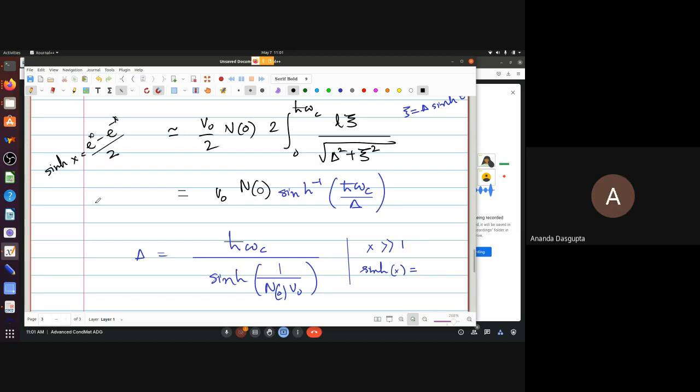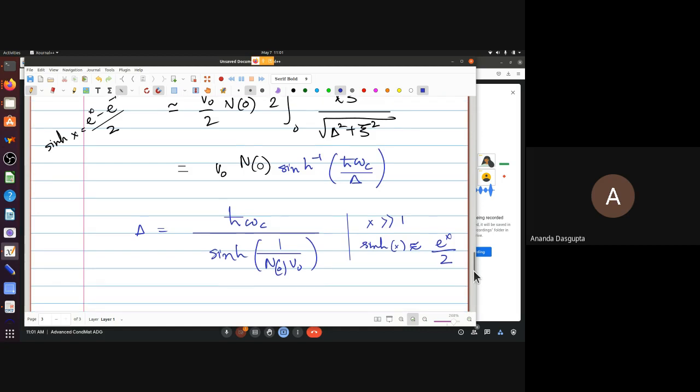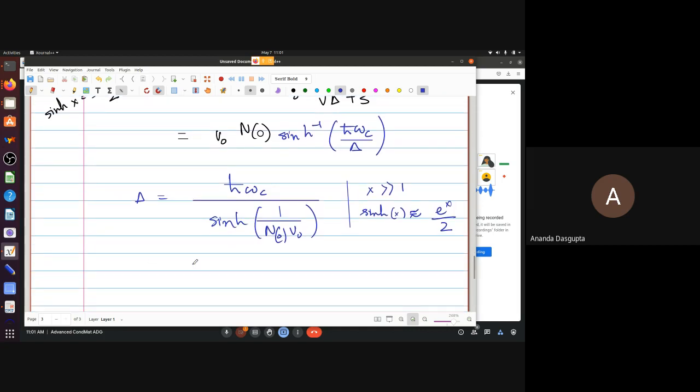Right. So when x is large, what is the approximation that would be obvious here? e to the power x by 2. Yeah, this is actually just e to the x by 2, at least approximately. Simply because you can ignore e to the minus x in relation to e to the x. And with that approximation, this becomes twice h cross omega c.